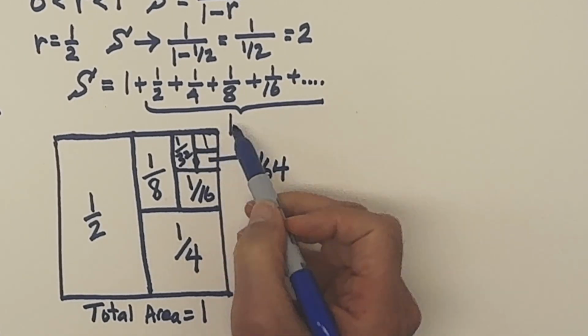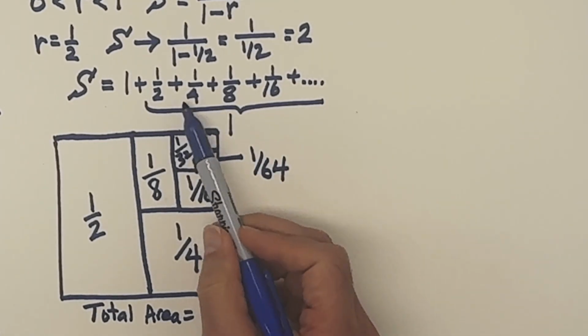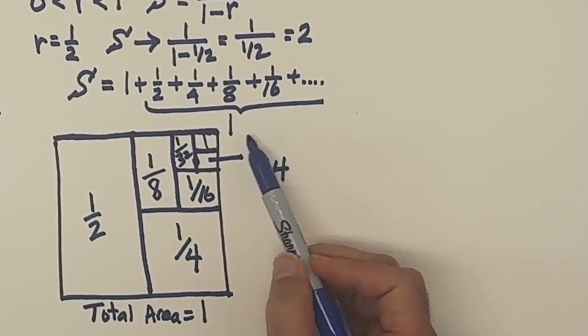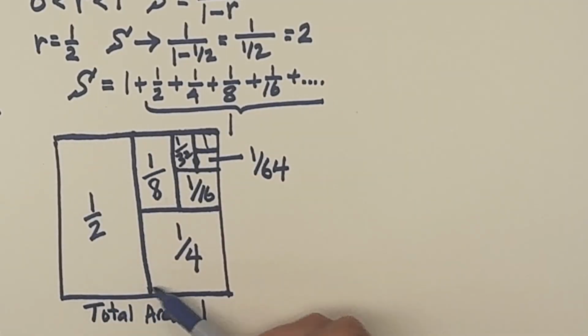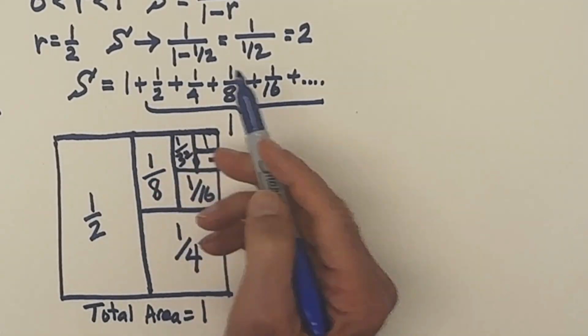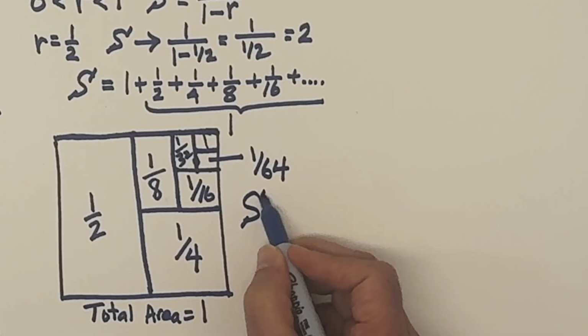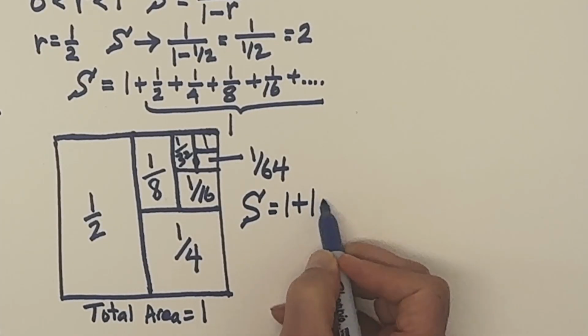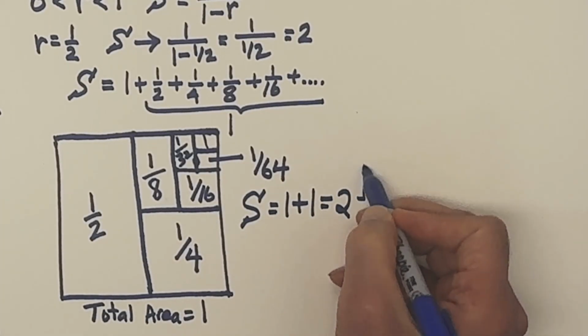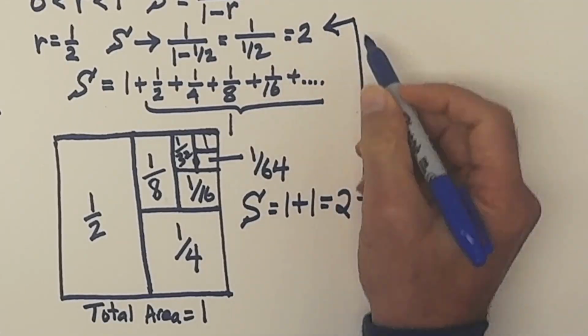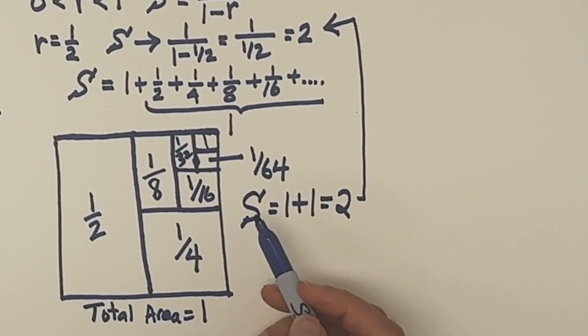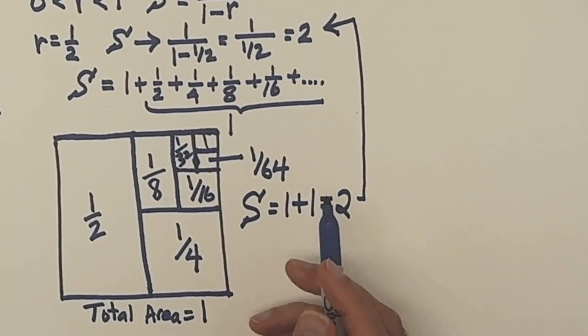And if I just keep doing this, I'll have all these terms, and that's going to be equal to the total area, which is 1. So we take that 1 plus that 1, and we get then for the sum, 1 plus 1 is 2, with a nice visualization of that relationship.